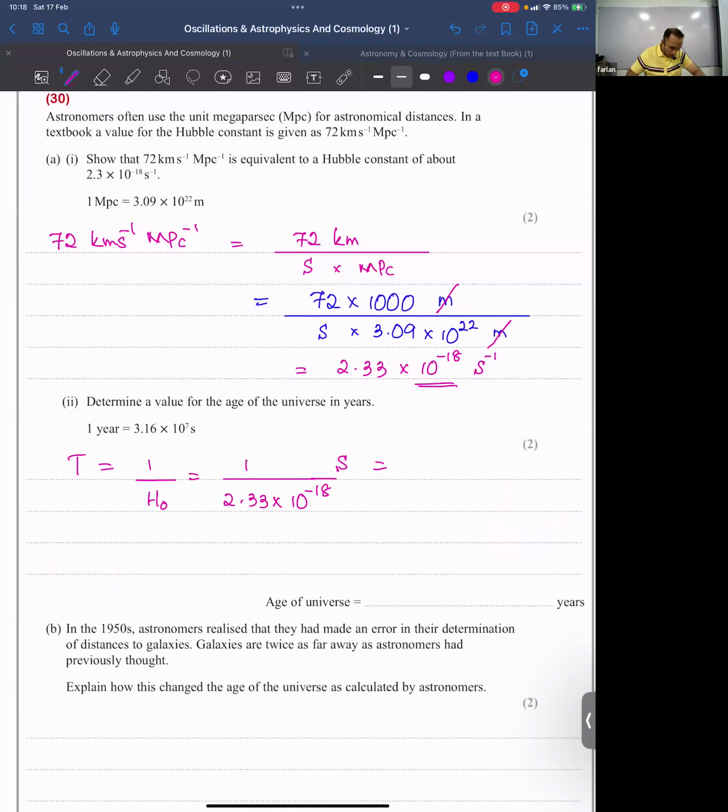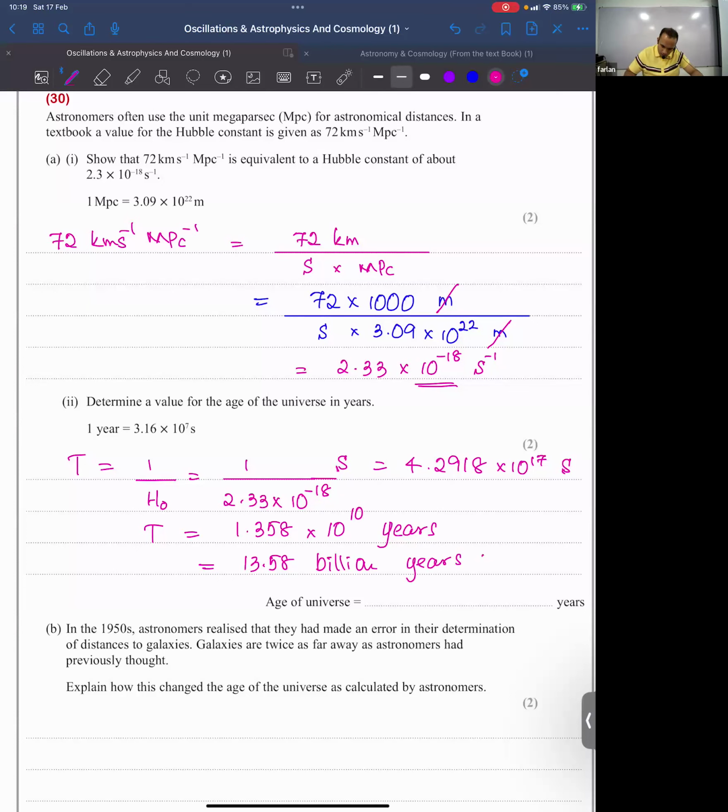This is 4.2918 into 10 to the power 17 seconds. So in years it will be that divided by 3.16 into 10 to the power 7, which is 1.358 into 10 to the power 10 years, which is 13.58 billion years.